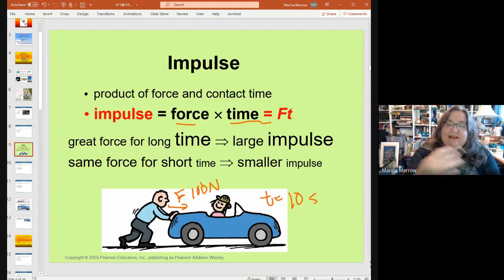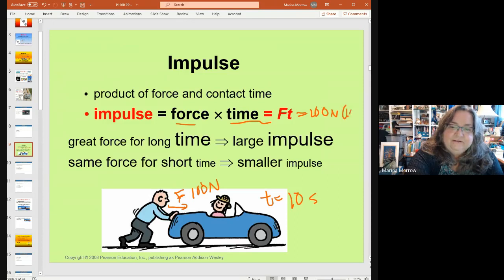And so you can see that simply you'd have 100 times 10, force times time, and that would come out in Newton seconds, right? 1,000 Newton seconds, very easy.